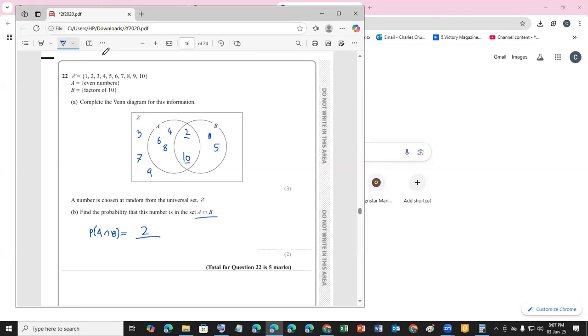The number of possible events is all of them, so that's 10. Okay, so the answer is going to be 1 over 5. You can either say 1 over 5 as your answer or 0.2. Because if you do 1 over 5 on your calculator, you'll get 0.2. Okay?